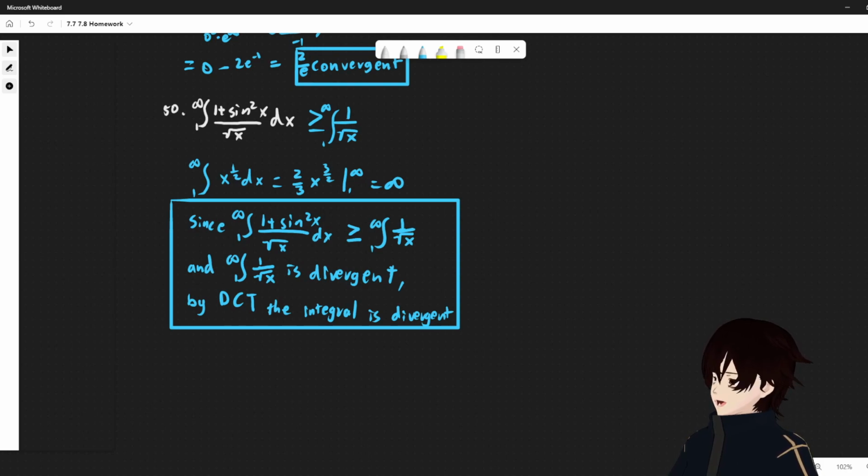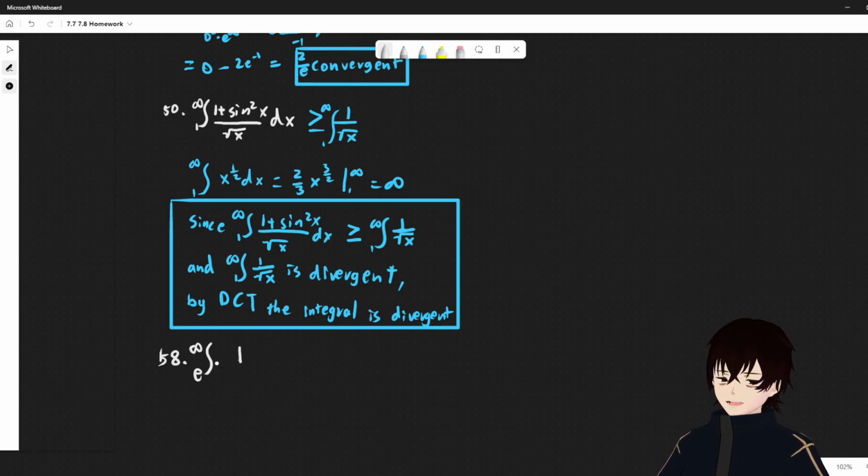Anyways, next up we got 58, which is in fact our last question. 58 wants to know the integral from e to infinity.